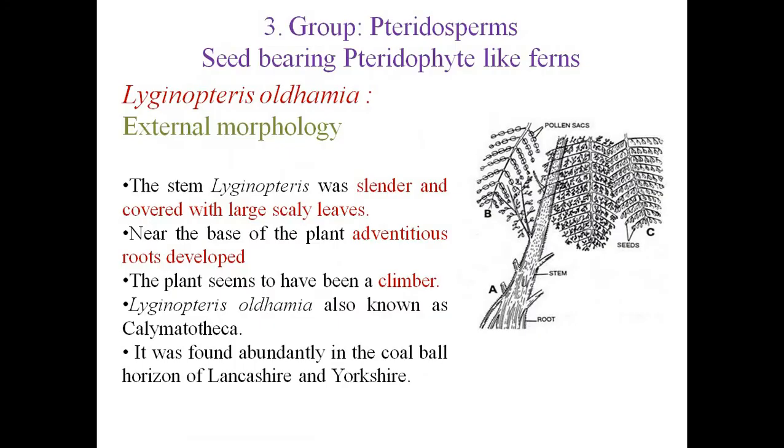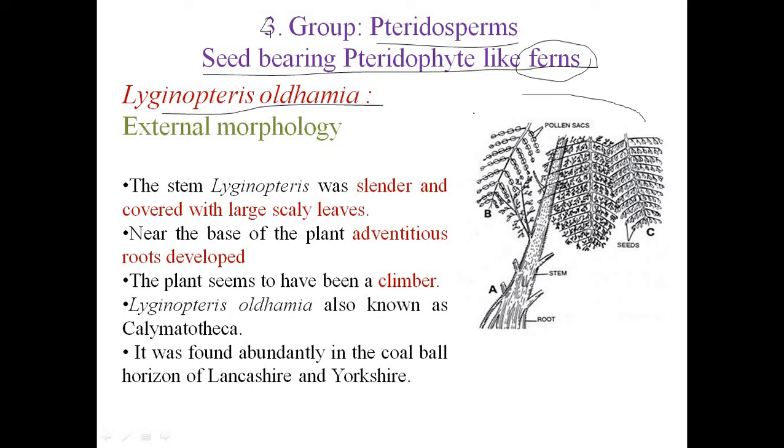Okay, moving ahead to the fourth group, here by mistake it is 3, it is the fourth group, that is the Pteridosperms. Pteridosperms are seed-bearing pteridophytes like ferns, in which we are going to focus on Lyginopteris oldhamia.